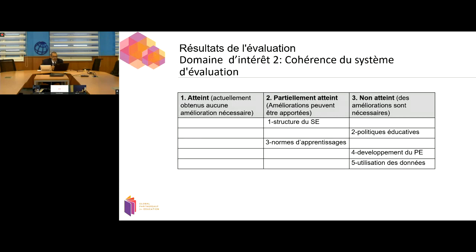Yet 2 objectives in this context have been achieved, and 2 have been partially reached, structure and learning. So in terms of educational policies, development, and utilization of the data, this has not been achieved. Next slide, please.